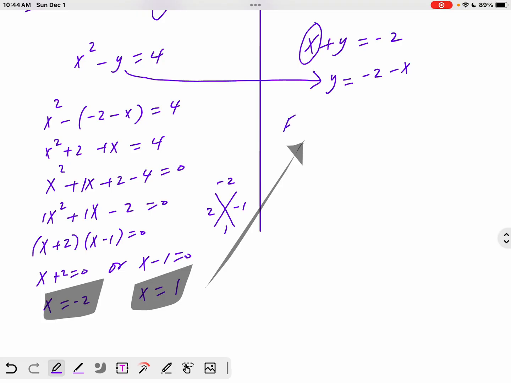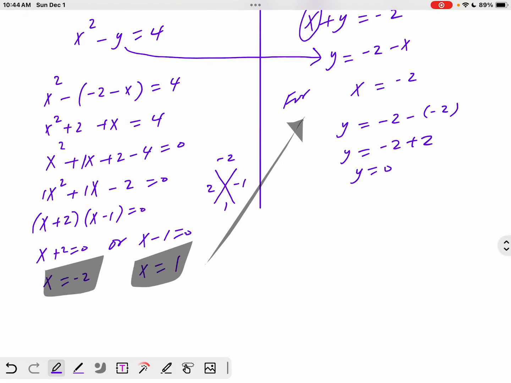So for x equals -2, then y equals -2 minus -2, which is -2 plus 2. So y equals 0. Okay, so that's the first one.